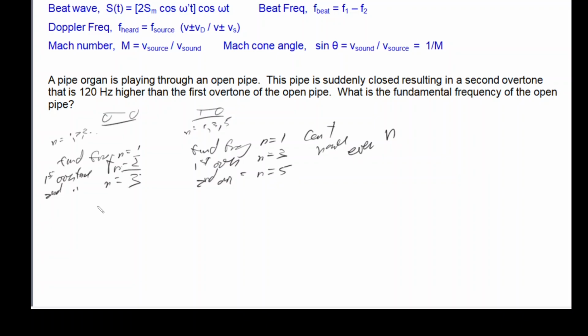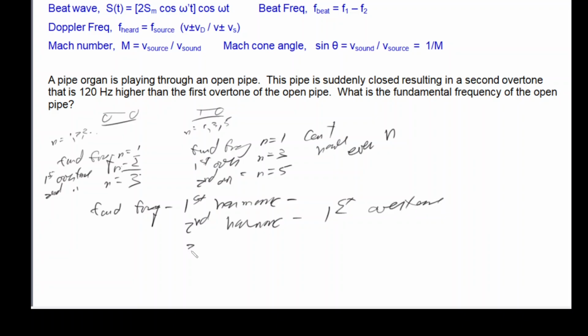I also want to mention that the fundamental frequency is the first harmonic, which is equal to no overtone. The next frequency is the second harmonic, but that's the first overtone.